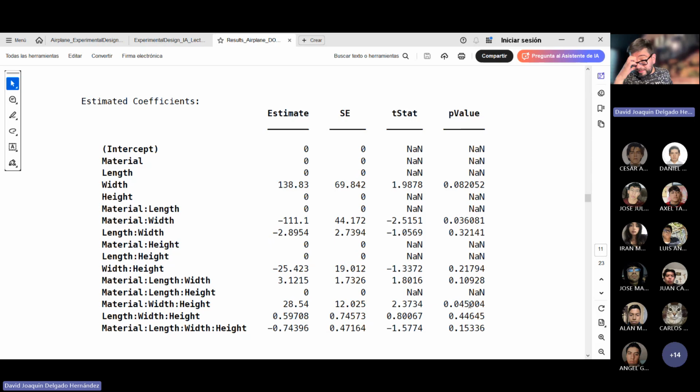So these quantities are lower than 0.05, which is 5%. This is 3.6%. This is 4.5%. Okay, so these are significant. So this is a better model. This is a better model.